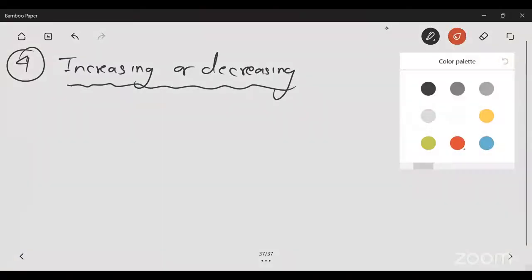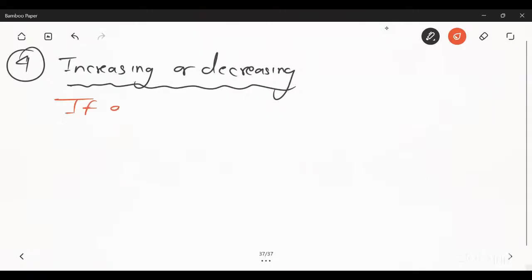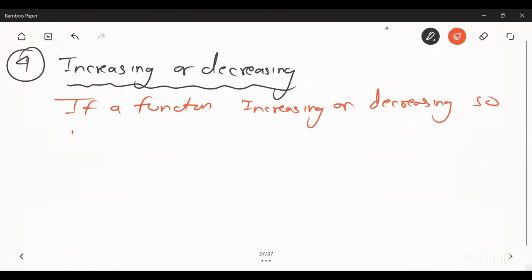So if a function is increasing or decreasing, that function is known as a one-one function.